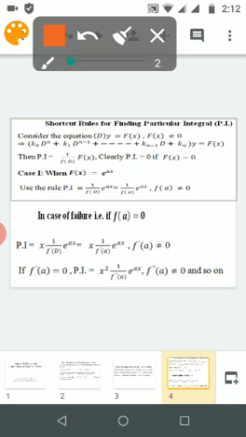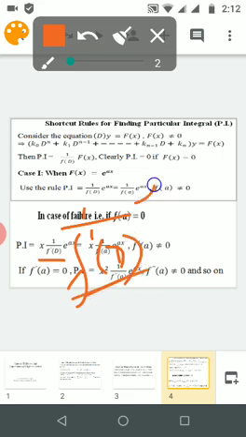Now there's only one problem that you will face. If f of a is equal to 0, then I cannot use this, because the denominator goes to 0, which is not defined. So what do we do when f of a is equal to 0? We'll have to pull an x outside. We'll have to do 1 upon f dash of D, differentiating that function of D and operating that on e raised to ax.